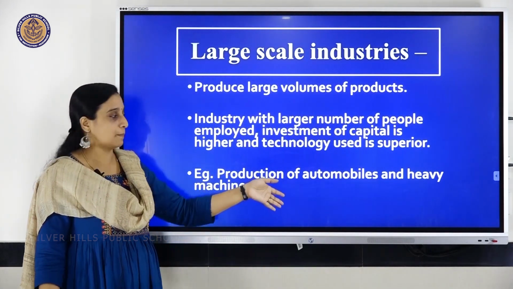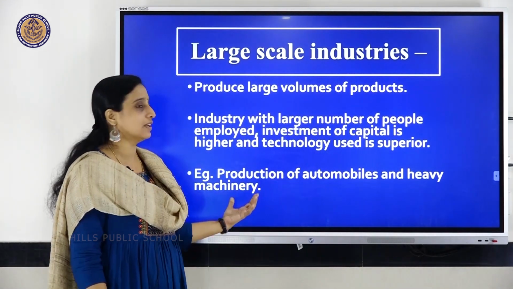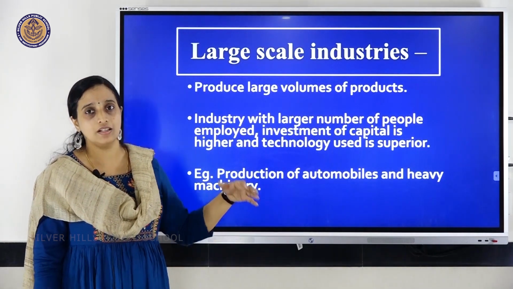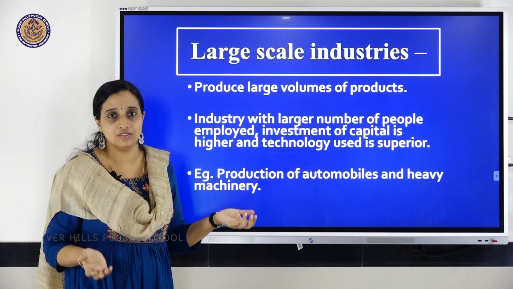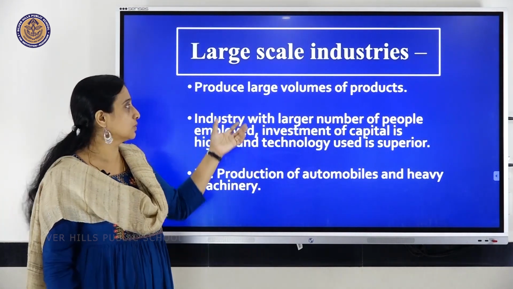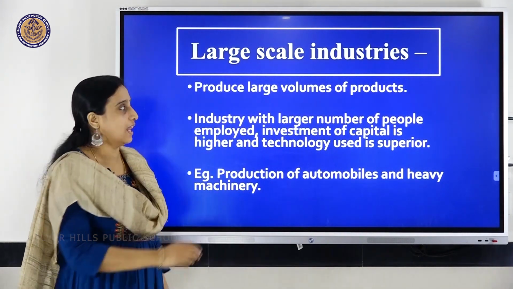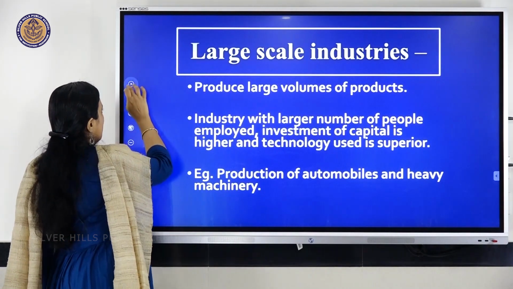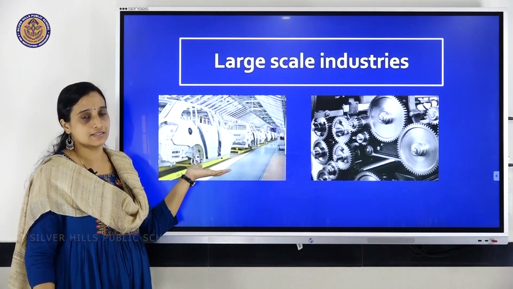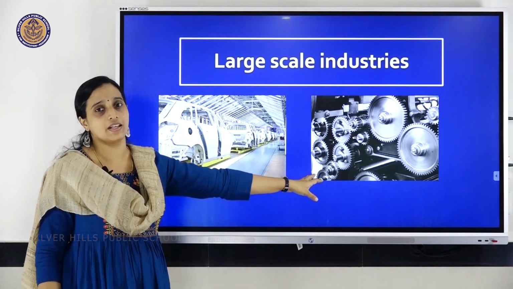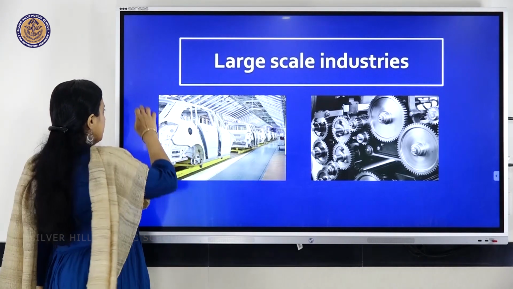Here the examples are the automobile and heavy machinery industries. So here we find that more capital and advanced technology are being used, and that is why it is called large scale industry. These are a few pictures that correlate with large scale industry: the automobile industry, and iron and steel machinery.